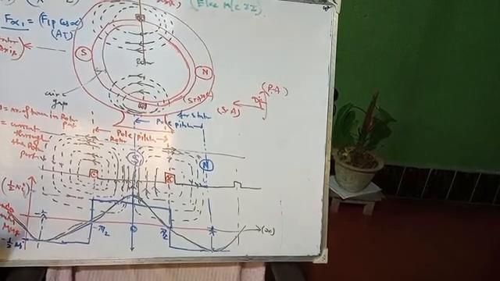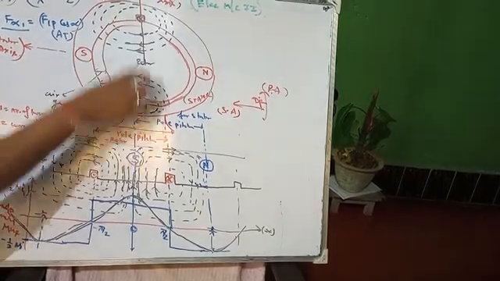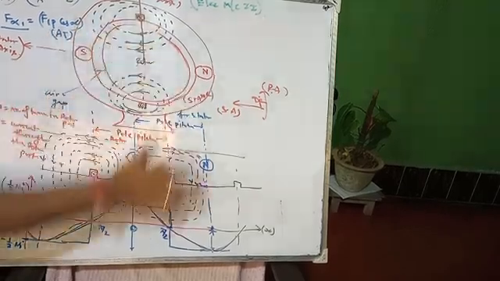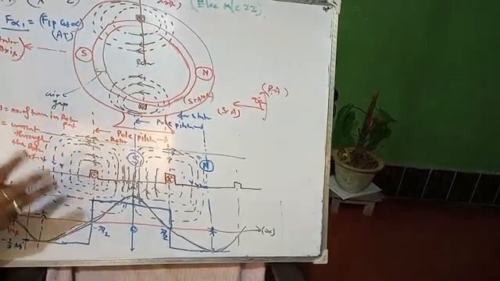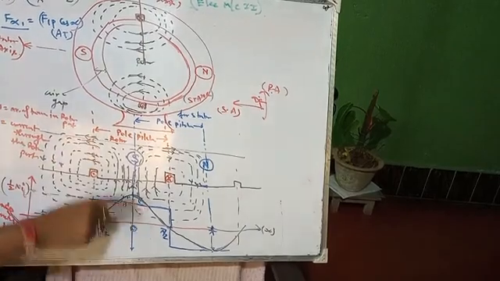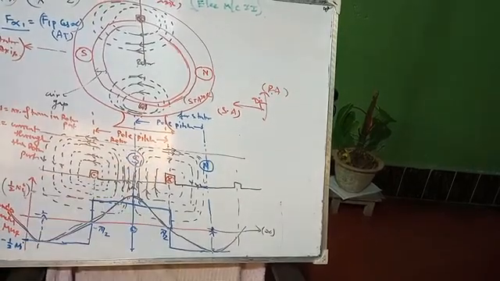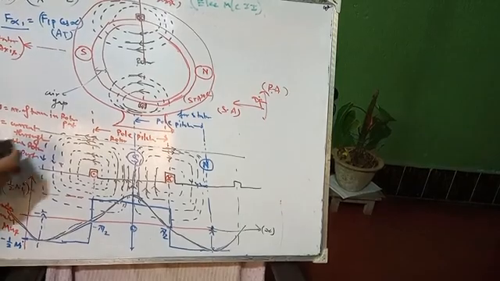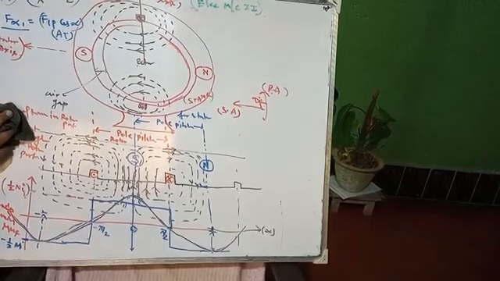Now we are taking this for one pair of coil. Now introducing the flux distribution for 3 pairs of coil, that is for a 3-phase system. It is a single phase system we are considering, and for 3 conductors or 3 coils it will look like this.